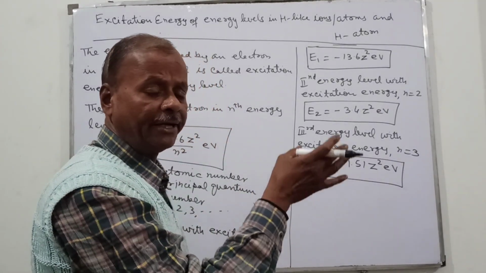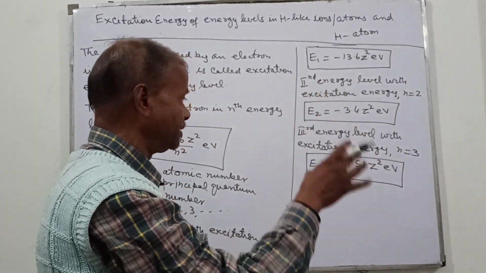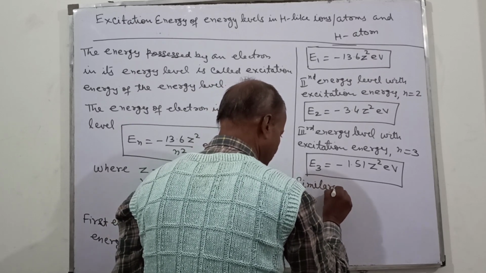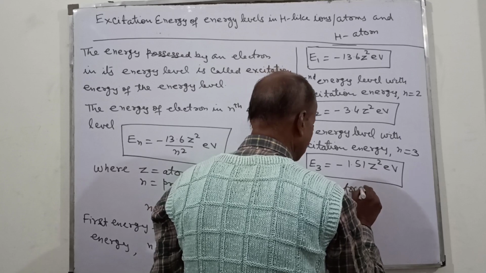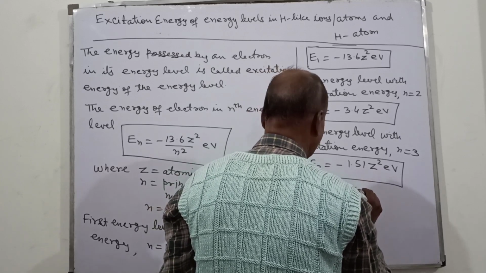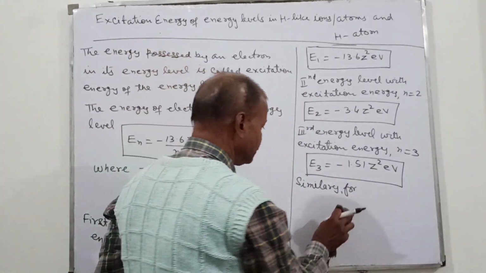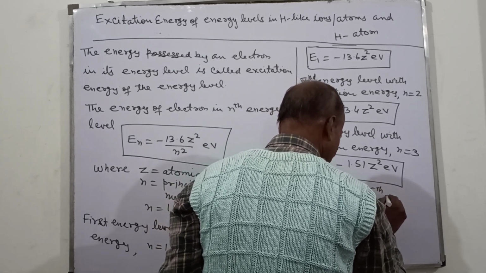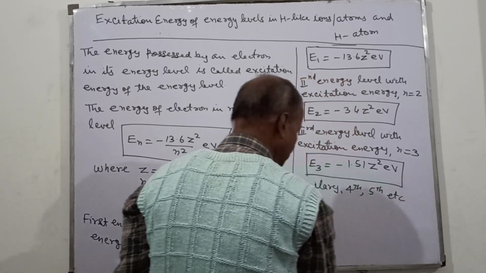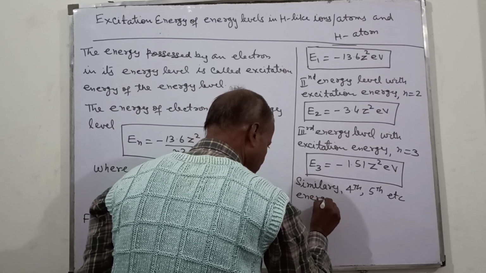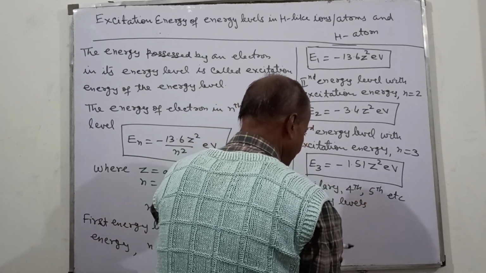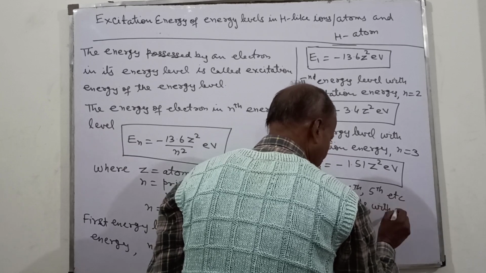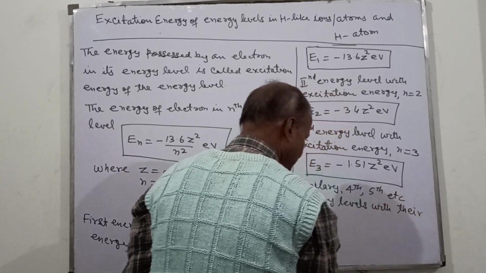Similarly for n equal to 4, n equal to 5, n equal to 6, we can have the fourth, fifth, etc. energy levels with their excitation energy.